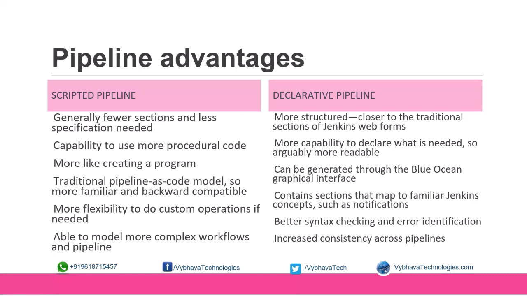The declarative pipeline just uses web forms. You need to enter some questions and answers, and then it is going to create a pipeline for you. And it is easy to work with, but it will not handle complex problems. Okay, so if you go to the left side here, the second point is the capability to use more procedural code.